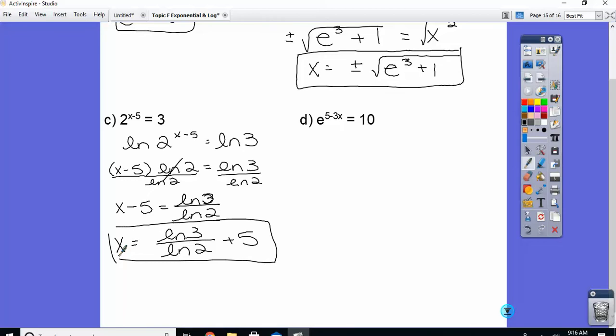What do we need? Add the log. If it's an e, I am definitely going to choose to add my ln. Okay, then exponent comes down.